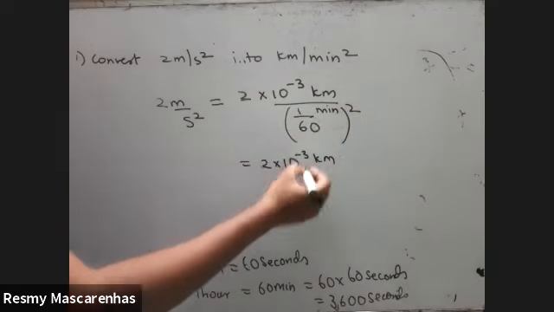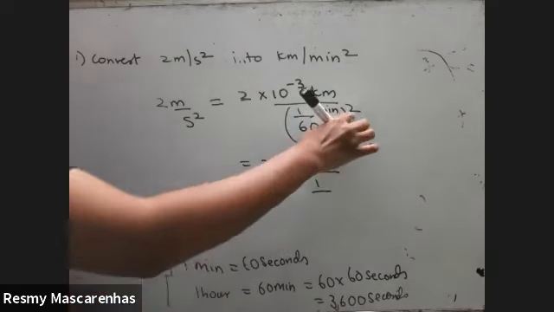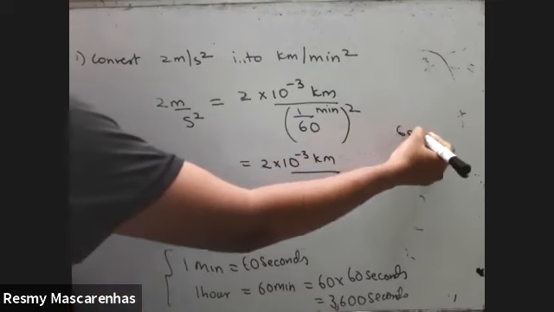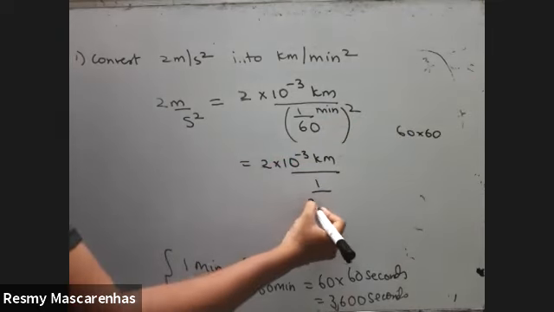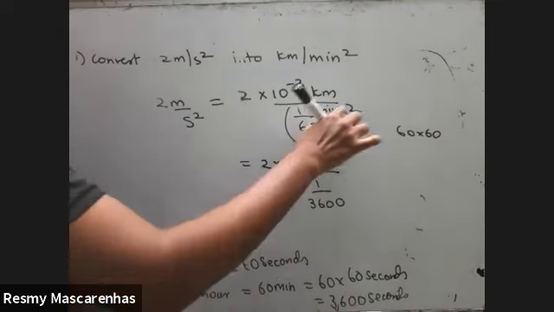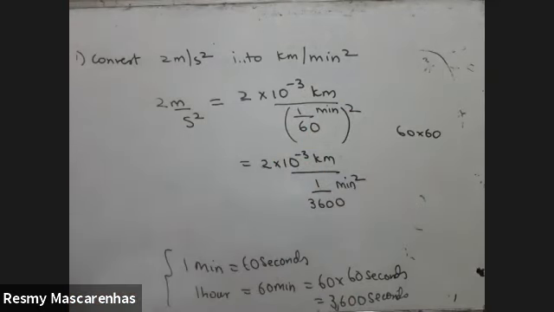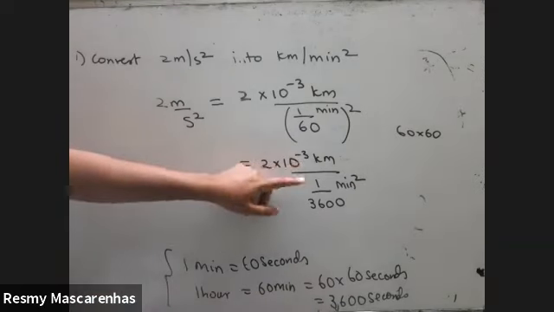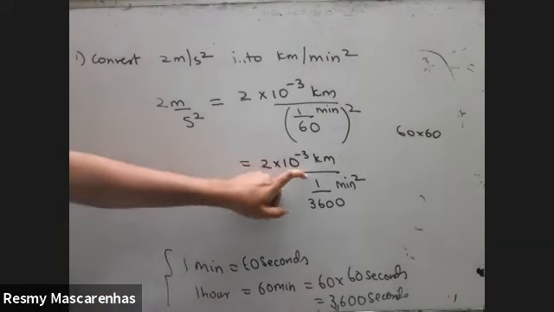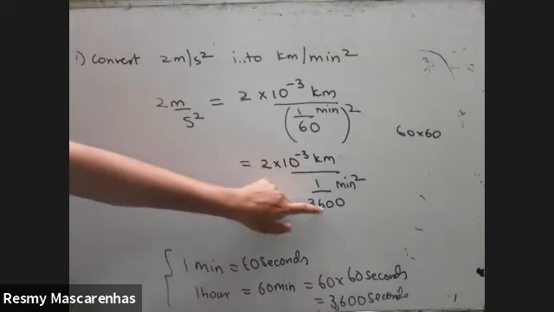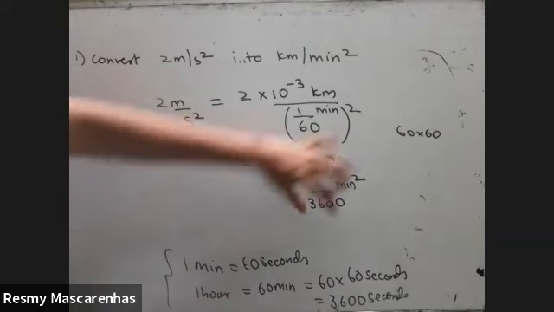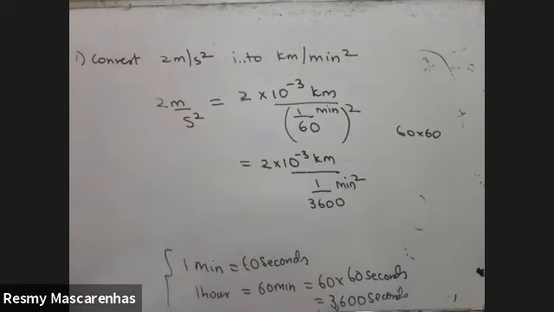So 1 square will be anyways 1. 60 square is 60 into 60, 3600. And minute, minute square. Now it's like A upon 1, so this will become A upon B, C upon D. This fellow will reverse, will go up.